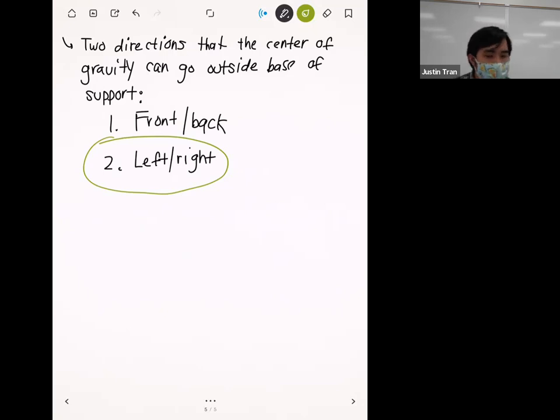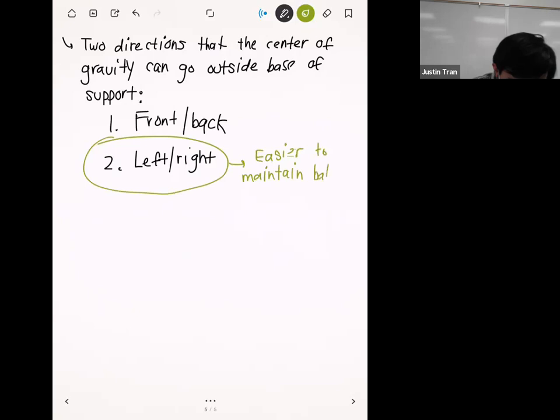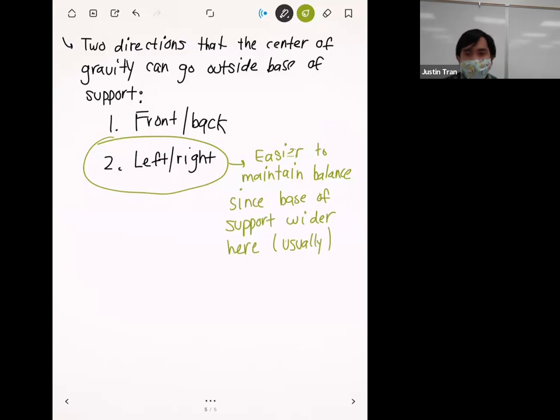Because of that, you have a wider base of support in that direction.